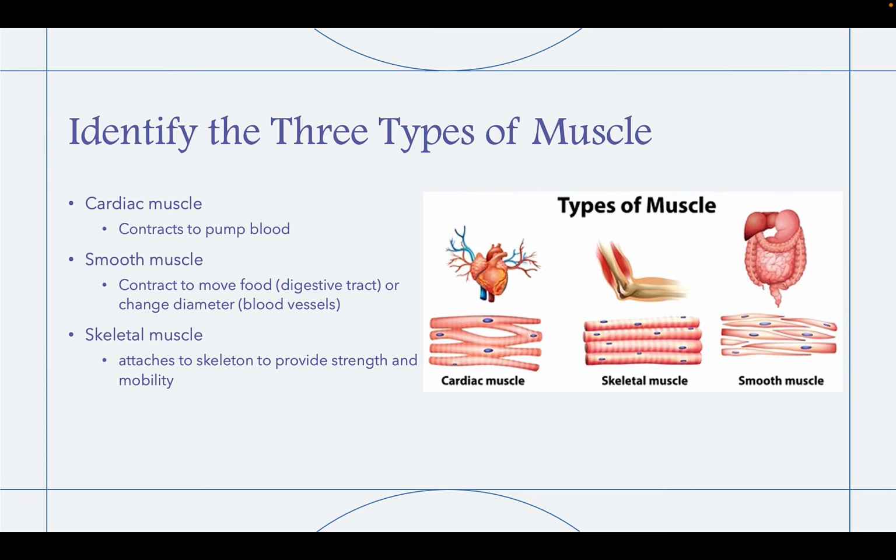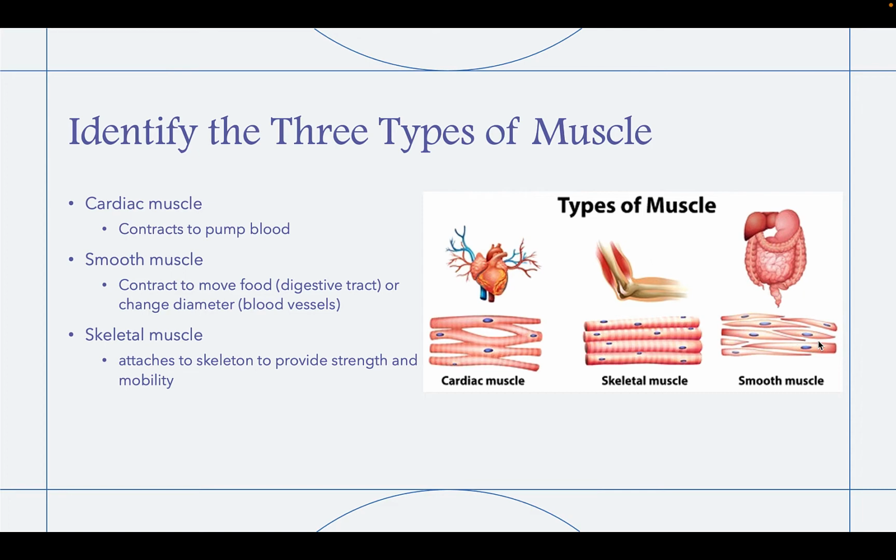Starting off with objective 1, you need to be able to distinguish between the three types of muscle. We have cardiac muscle, which can be found in heart tissue. It contracts to pump blood in the heart. We have smooth muscle, which makes up parts of the internal organs that you have. They'll contract to move food.